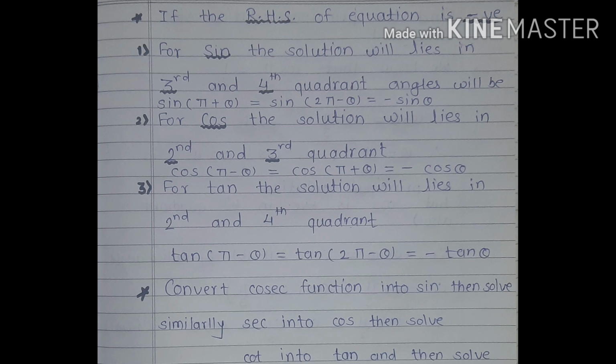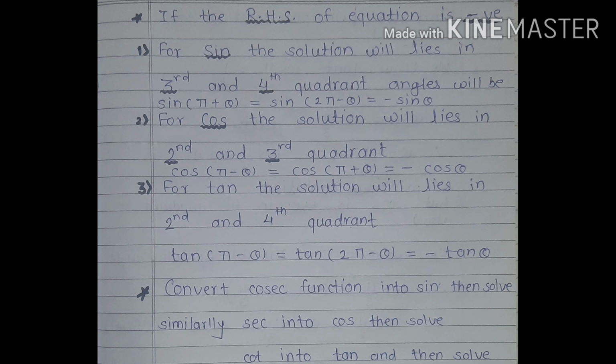For cos the solution will lie in second and third quadrant, that is cos of pi minus theta is equals to cos of pi plus theta is equals to minus cos theta. For tan the solution will lie in fourth and second quadrant. Tan of pi minus theta is equals to tan of 2 pi minus theta is equals to minus tan theta.